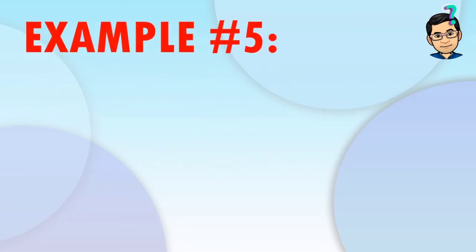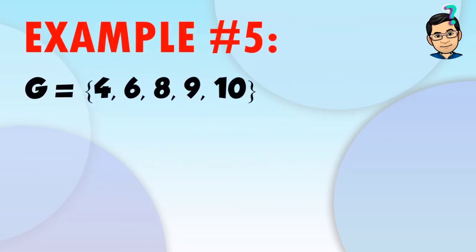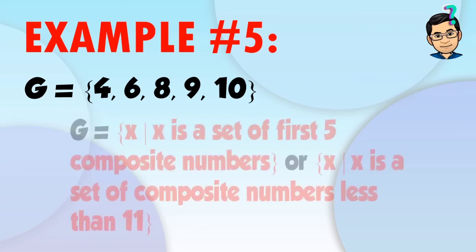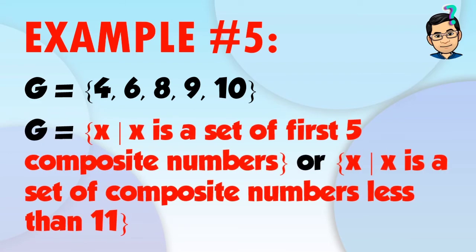So, for example number 5, we have set G whose elements are 4, 6, 8, 9, 10. So, we can generate a rule like, for example, X such that X is a set of first 5 composite numbers, or X such that X is a set of composite numbers less than 11. So, kung mapapansin nyo yung mga elements ng given set natin, may ibang number.